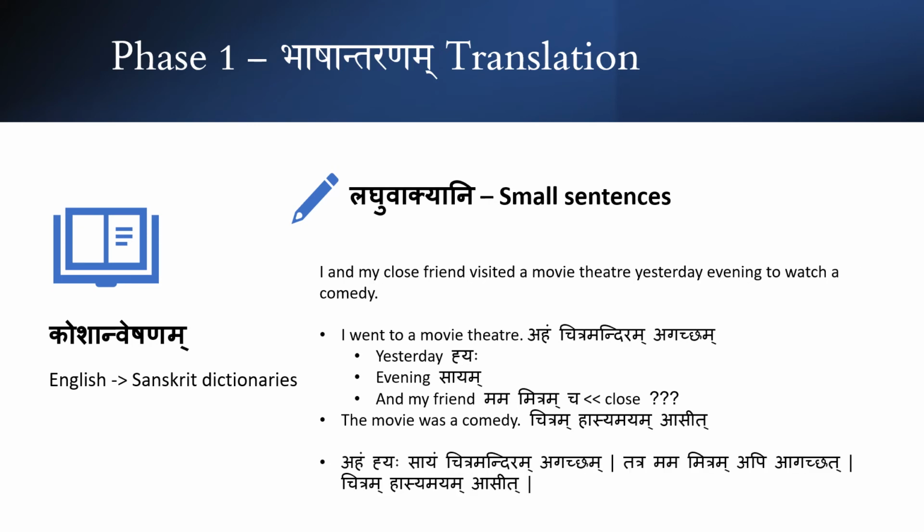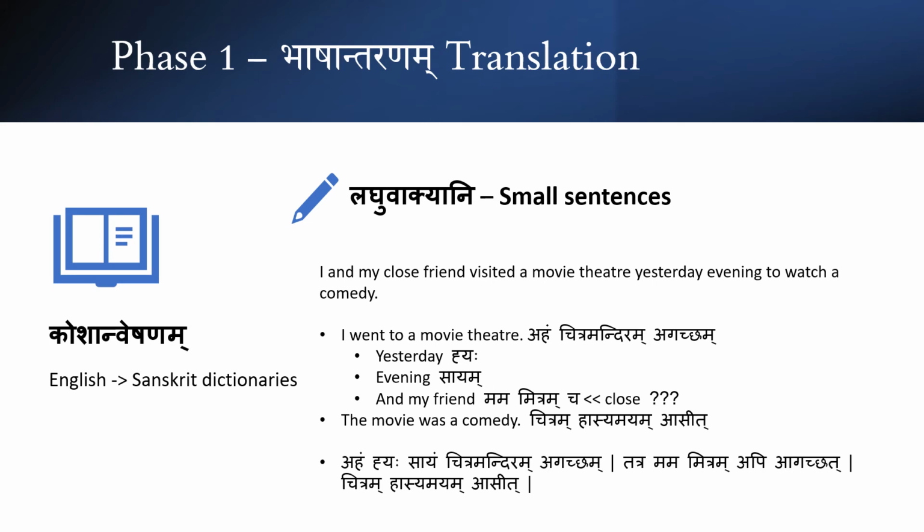So with those different words we have gathered, four different English words here, what sentences can we form in Sanskritam? Let's see. So we have Aham Chitramandiram Agacham Hyaha Sayam. So that is the first sentence. So we have Aham Hyaha Sayam Chitramandiram Agacham. So this is the sentence we have.